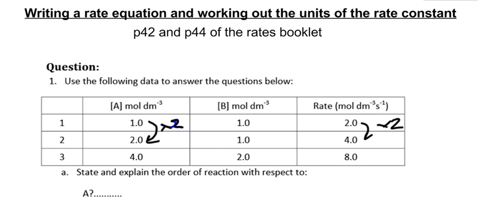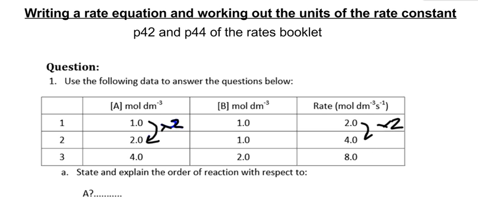So that suggests to me that if the concentration is times by 2 and the rate is times by 2, the reaction must be first order.